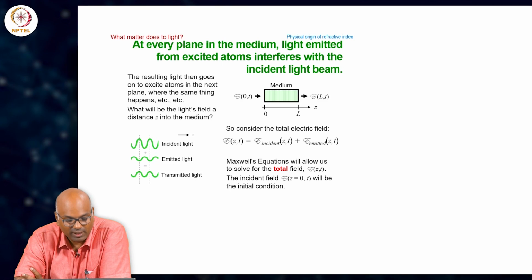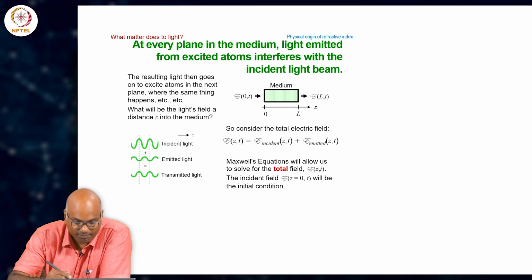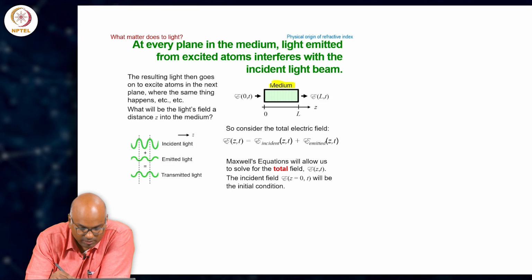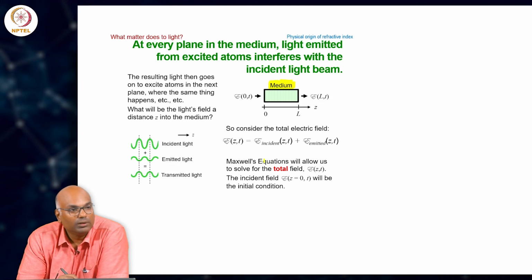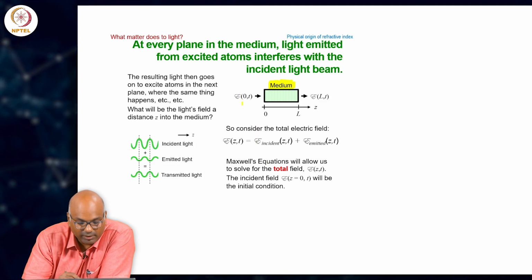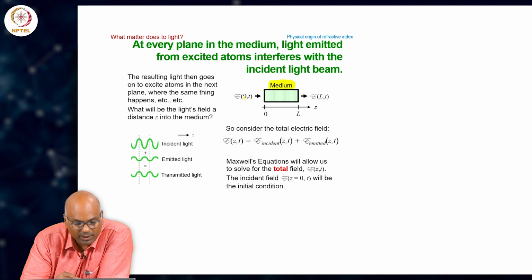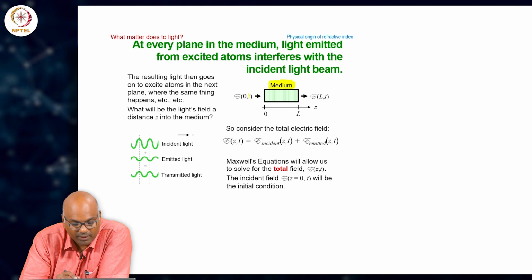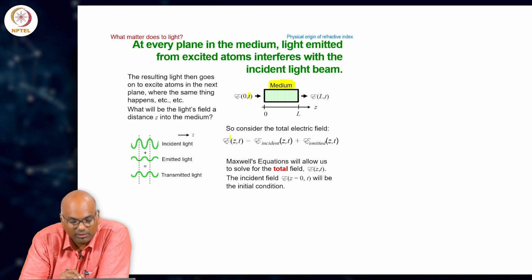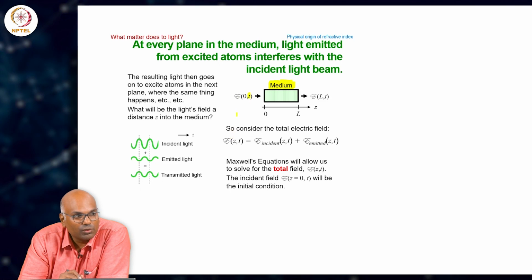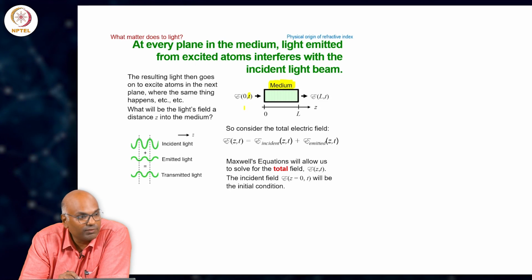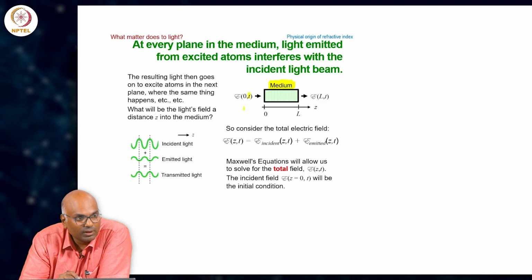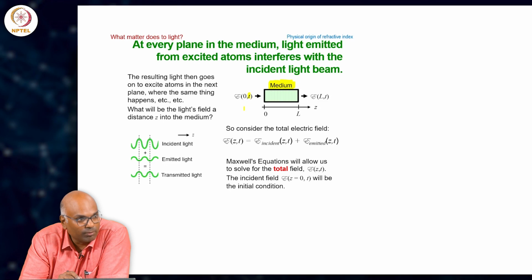So, let us take a piece of a medium, medium being the key word, and a time dependent electric field E of t is incident. E is a function of x, y, z and t if I use the Cartesian coordinate system, but here I am using a one dimensional model.